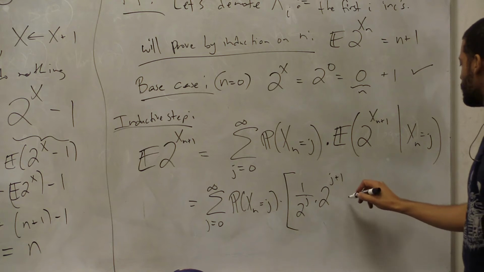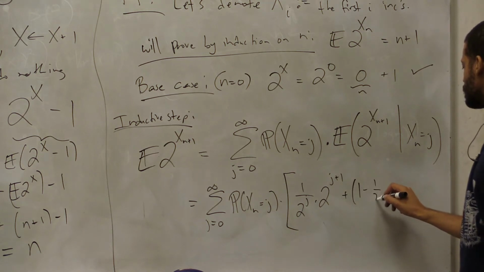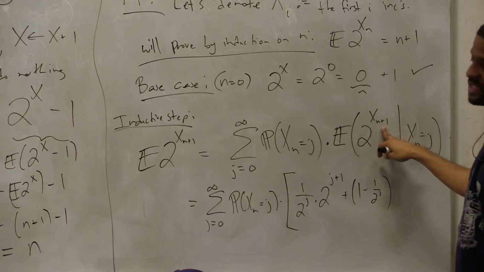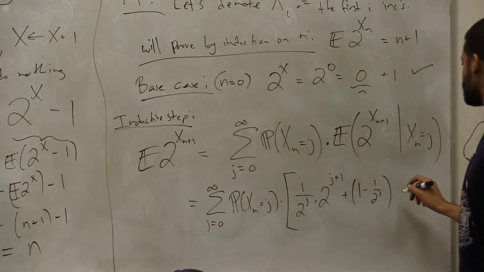And with the remaining probability, 1 minus 1 over 2 to the j, xn plus 1 stays j, and we get 2 to the j.